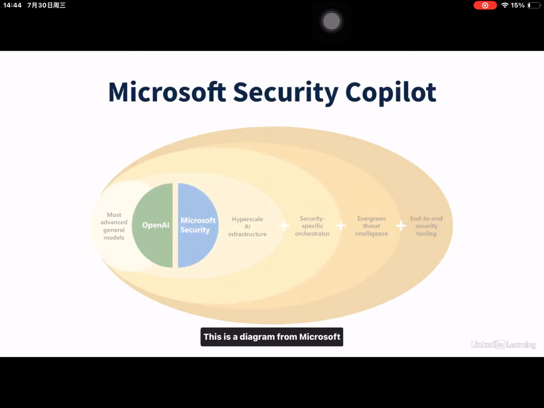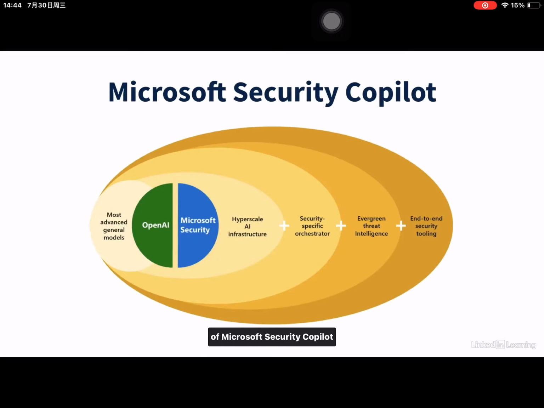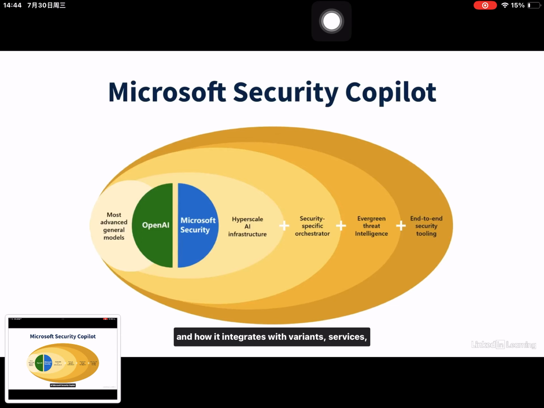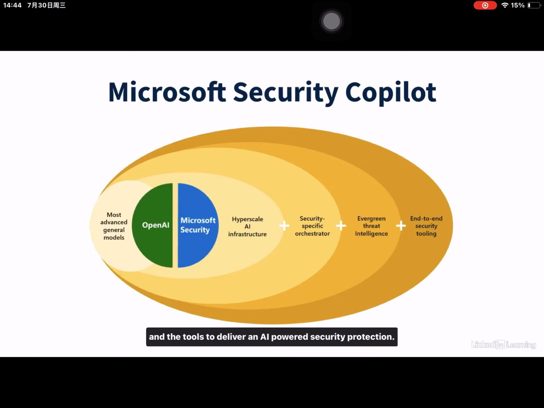This is a diagram from Microsoft that illustrates the architecture of Microsoft Security Copilot and how it integrates with various services and tools to deliver an AI-powered security protection. First, at the AI model layer, Microsoft Security Copilot combines OpenAI's generative AI models with Microsoft security data sources.